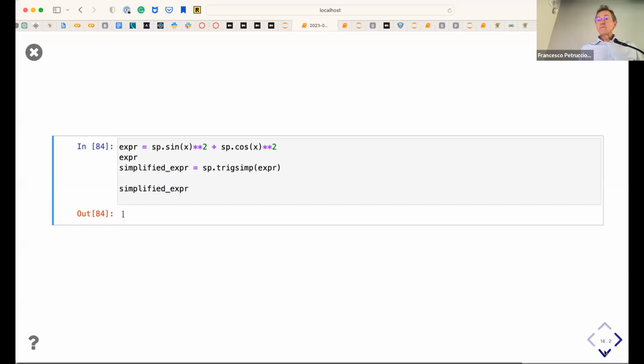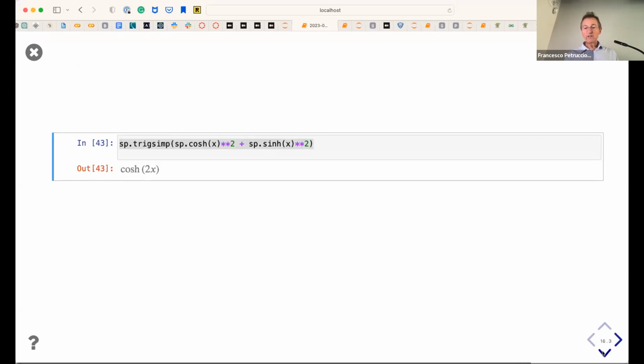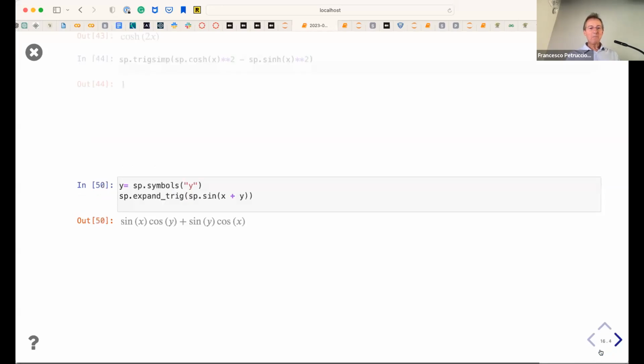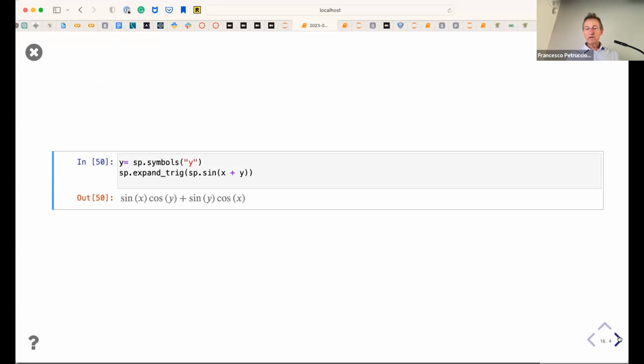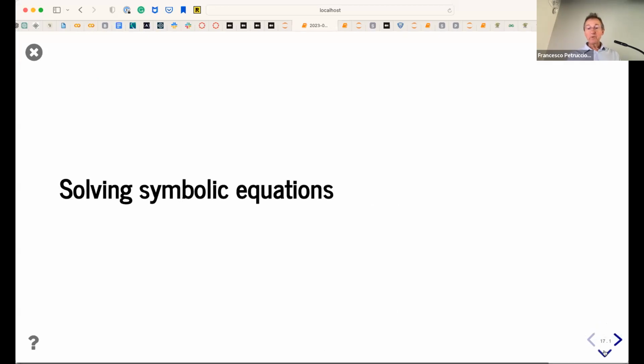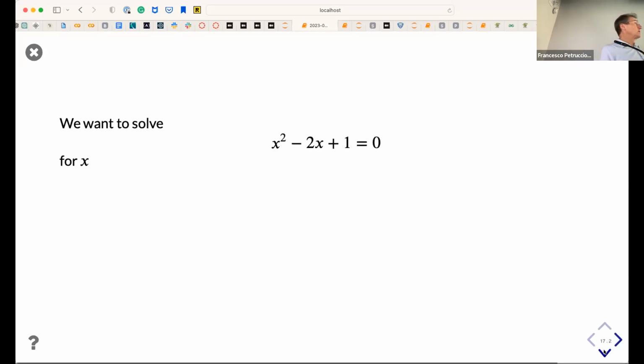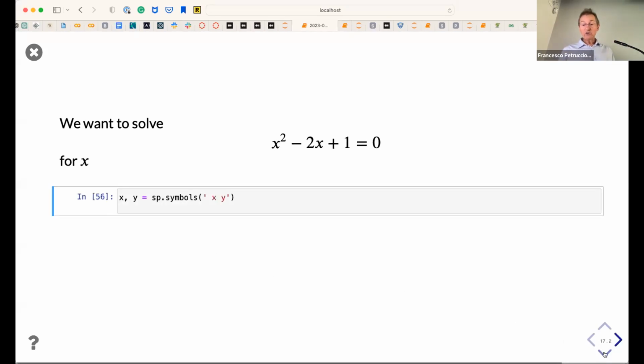So we practiced a little bit the trigonometric functions and the simplification with trig simp. I hope I convinced you that SymPy knows all the addition theorems for trigonometric functions and things like that, which was very good. Then I showed you two examples of solving simple polynomial equations like quadratic equations with SymPy, and the magic command was solve.